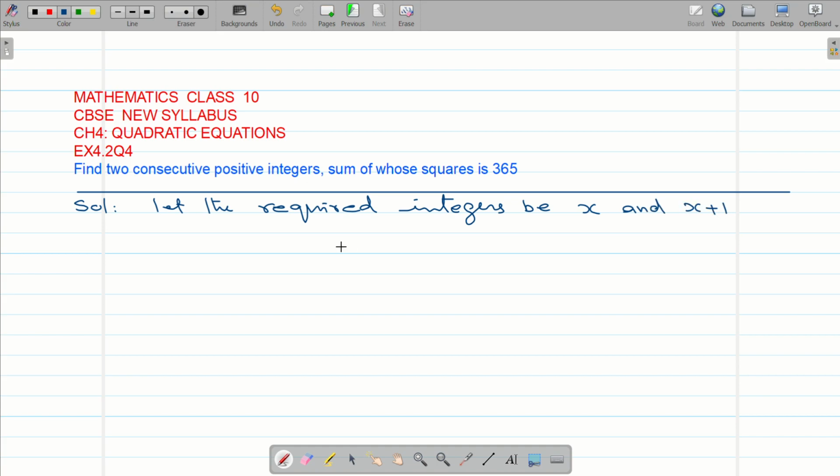And it is given that the sum of the squares is 365 according to the question. Sum of the squares: x squared plus x plus 1 the whole squared is equal to 365.